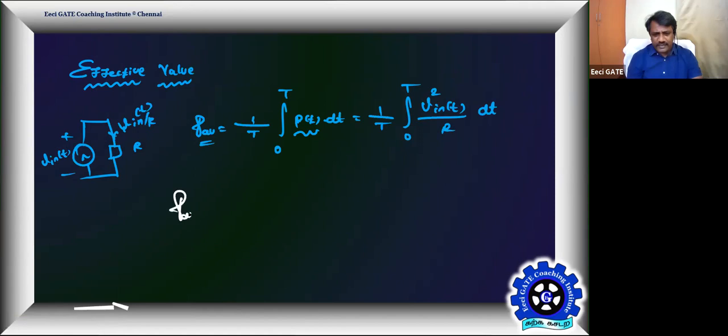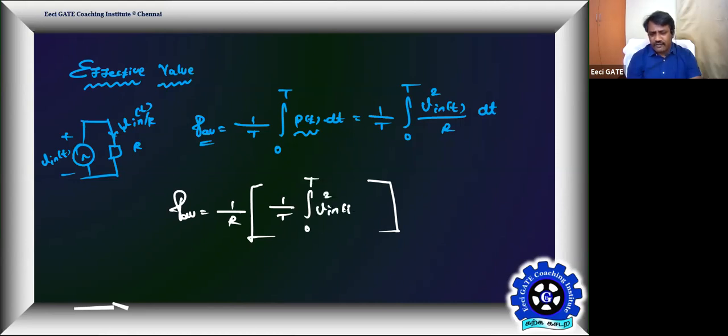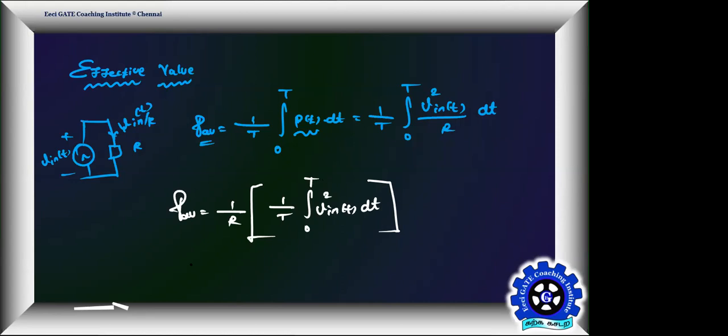Then this average power is equal to 1 by T. Let me take 1 by R out as common. What is the remaining? The remaining is 1 by T integral 0 to T V in square of T into dt. Following? Yes, sir.